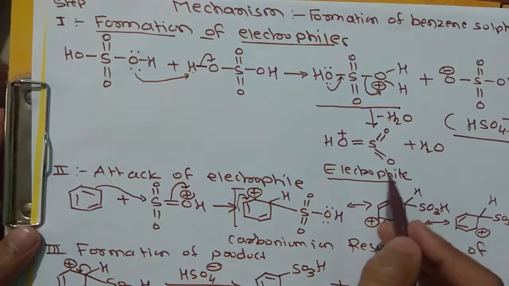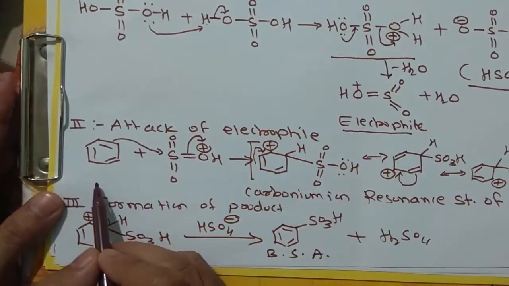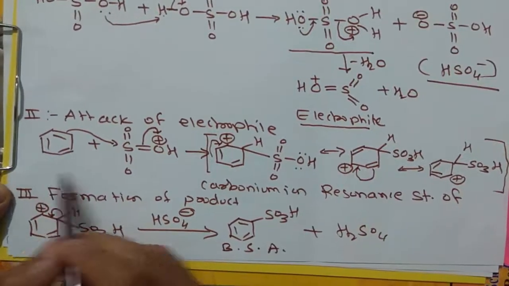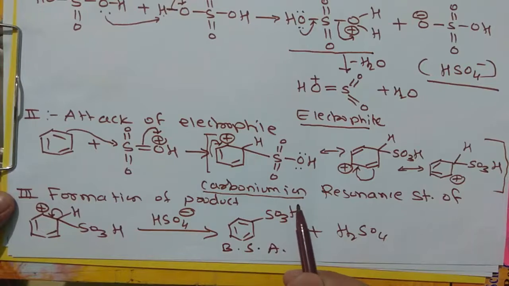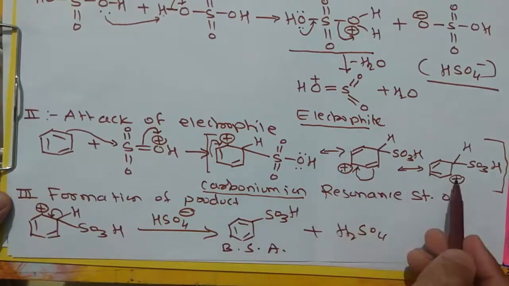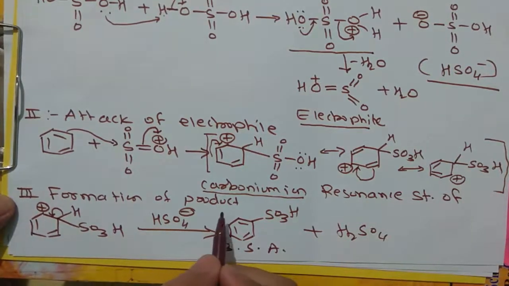This electrophile attacks the benzene ring, and there is a formation of an intermediate, a carbonium ion intermediate. This positive charge can be stabilized by resonance. The third step is the formation of the product.